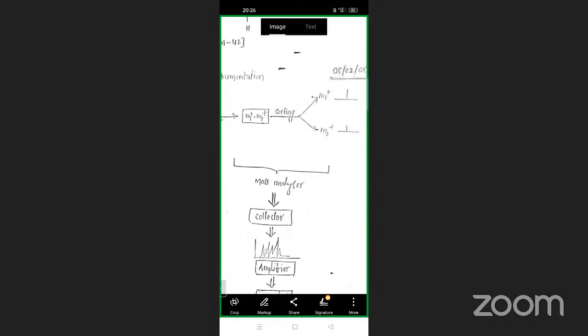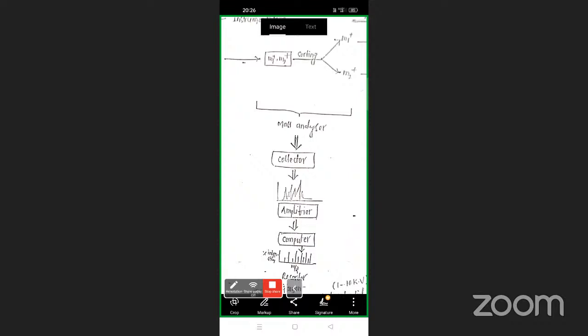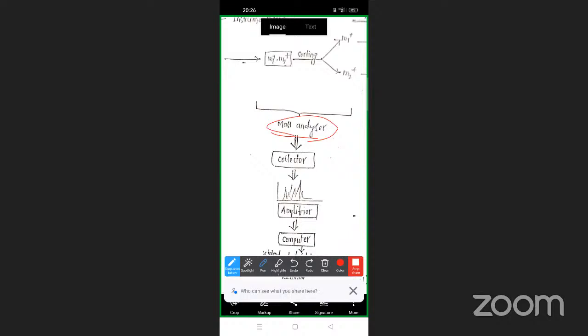One more part is there to analyze the fragments, the mass analyzer, and it collects only the positively charged fragments.